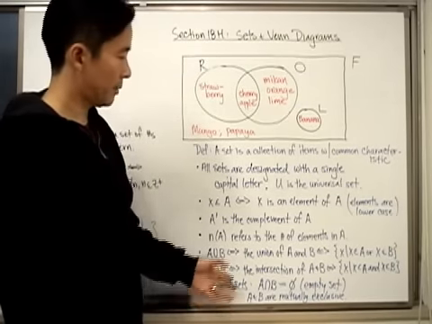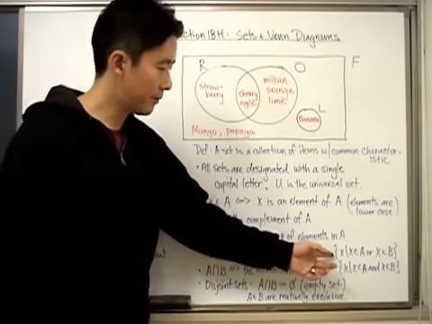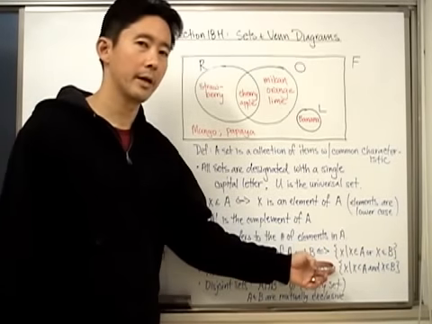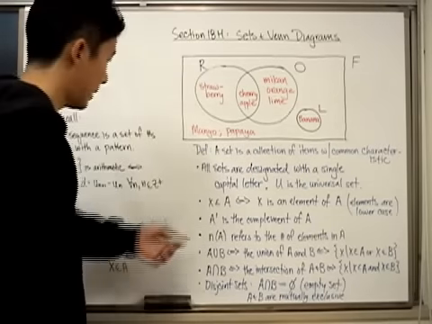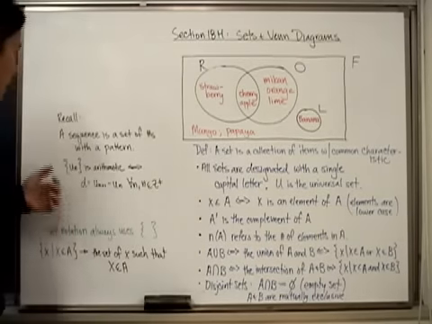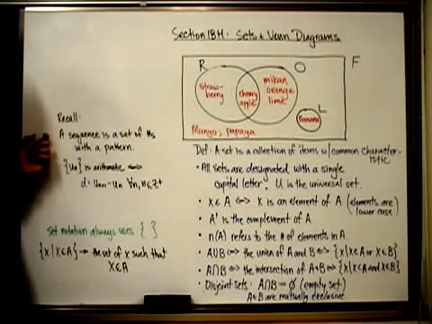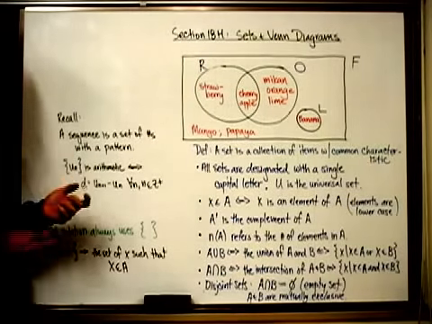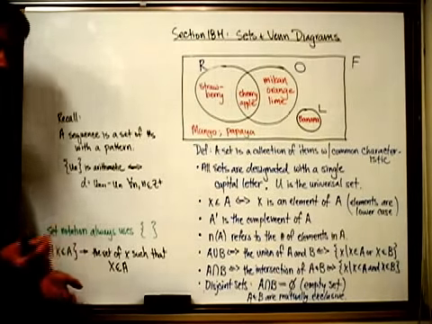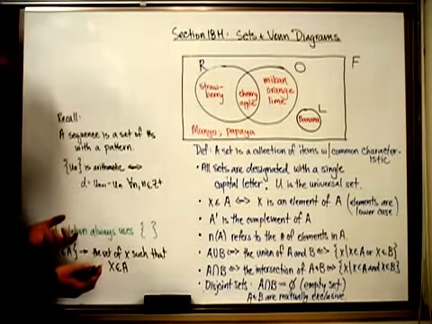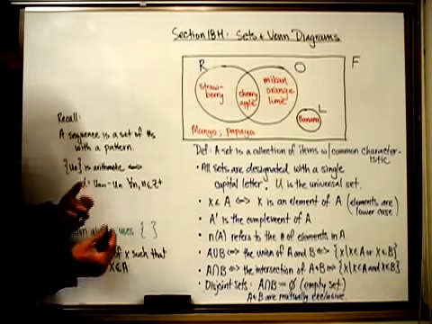Now, hopefully some of you recall that even though this looks a little unfamiliar right now, we've actually seen this type of notation before. Recall that when we talked about a sequence, we said a sequence is a set of numbers with a pattern. We didn't focus on the set part, we focused on the pattern part. But now we can tie it into what we have here with the sets.